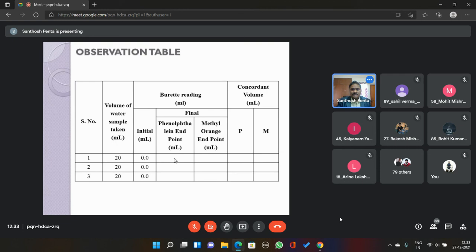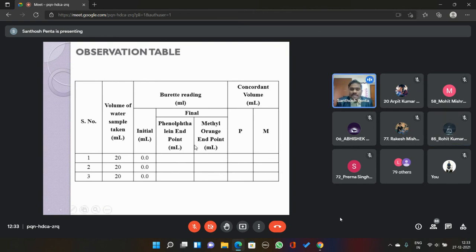That means some ions may be there. What ions? With the help of phenolphthalein, hydroxide and carbonate may be neutralized. So with the help of methyl orange, which ions may be neutralized? Bicarbonate ions, the HCO3 minus ions, may be neutralized.